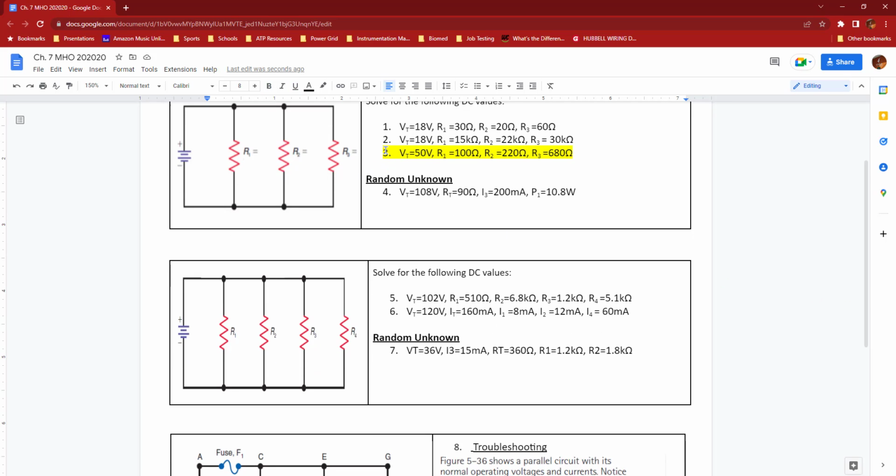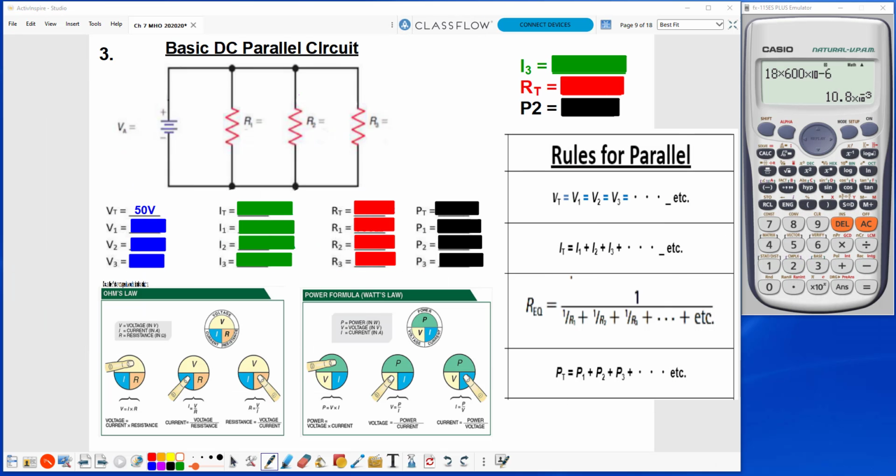I go to problem number 3 and it shows what values I'm being given. So I take those given values and I enter them into my spreadsheet.